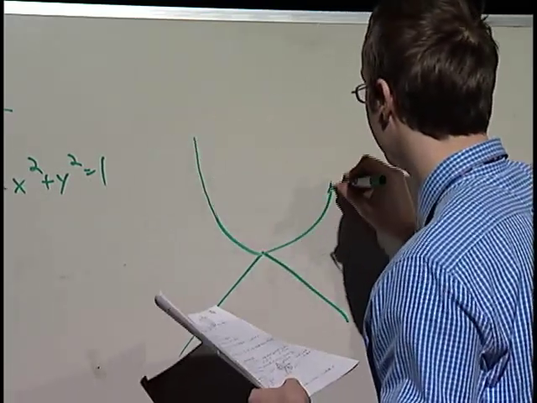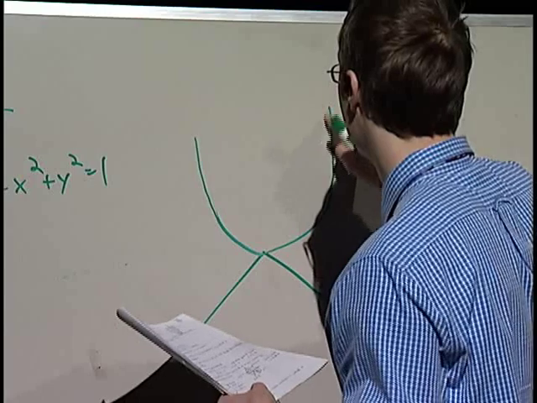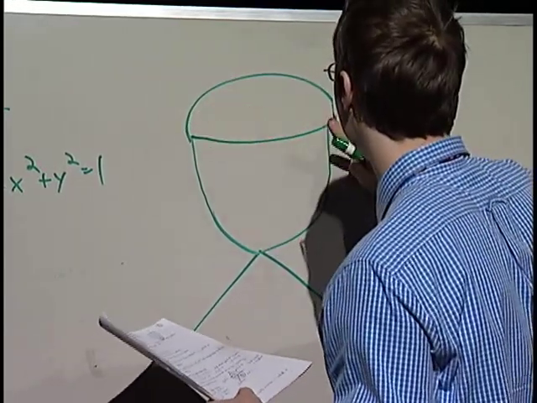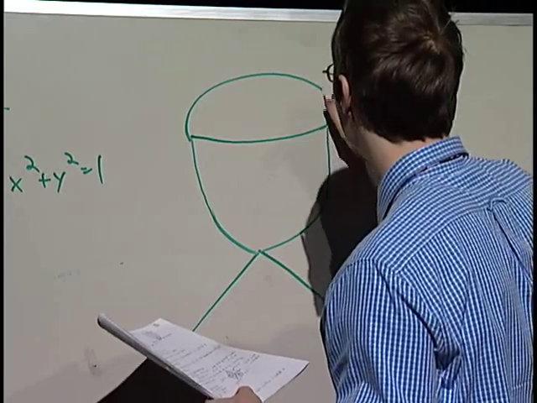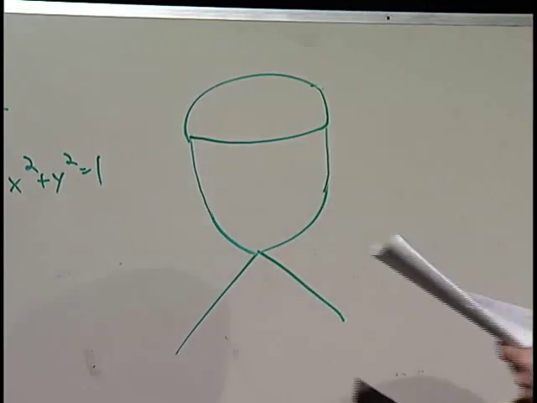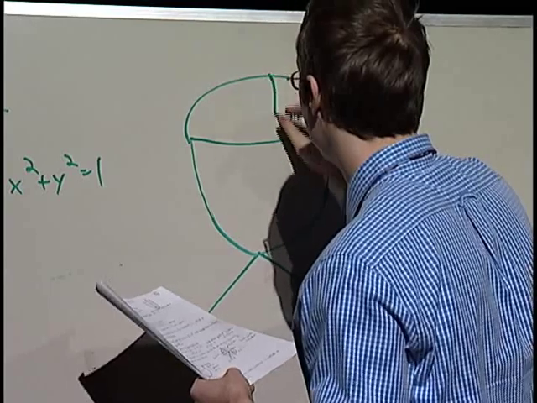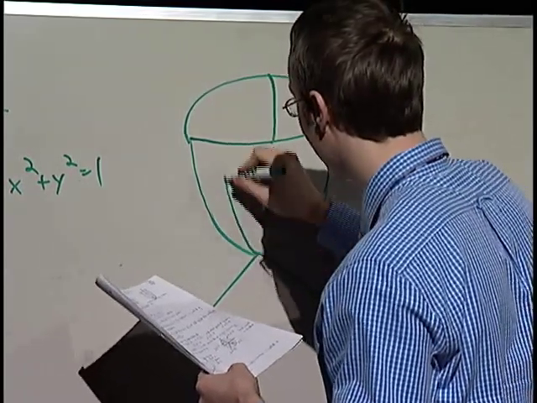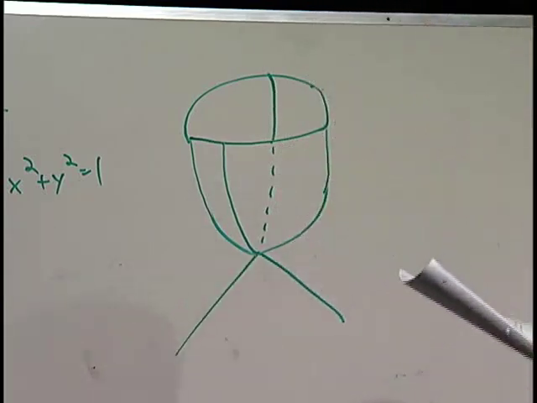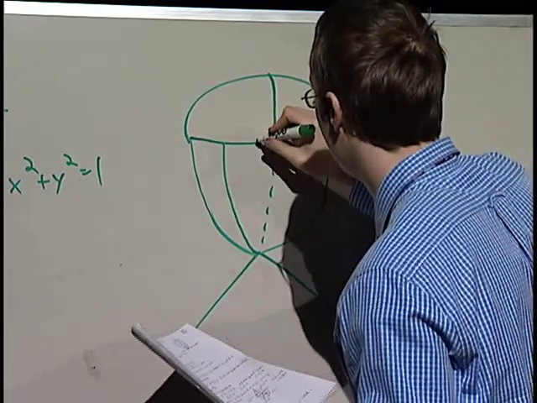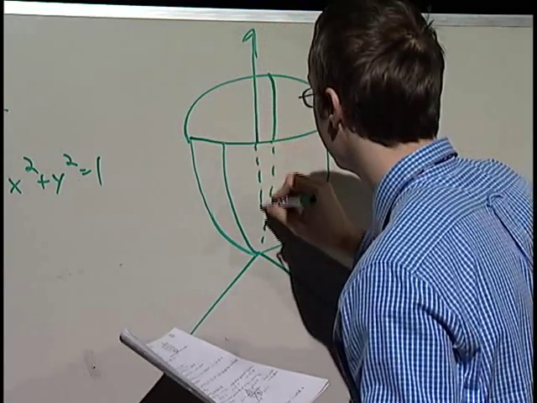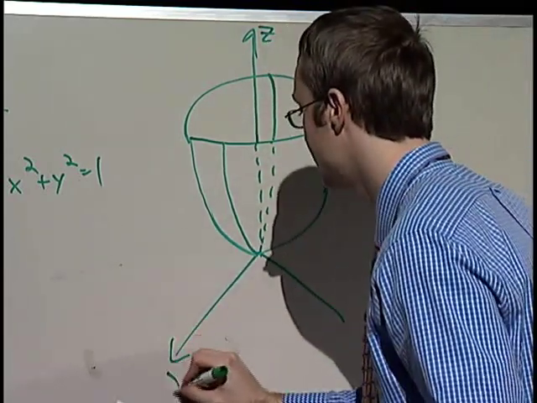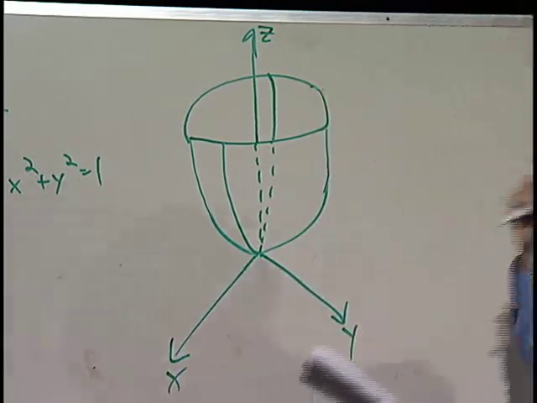There's the base of the paraboloid, and then something that looks like that. Looks a little better, not terrible. There's one parabola coming down and going up like that, right? There's your paraboloid, with the axis sticking up like that, and there's z. So there's your paraboloid, x, y, and z.